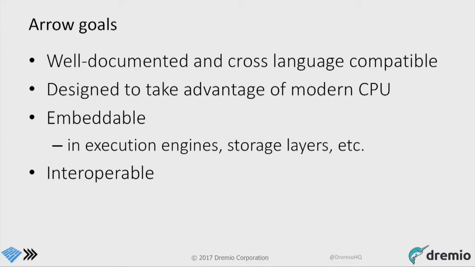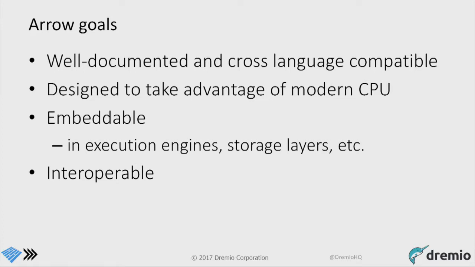But it's designed to take advantage of modern CPUs and get the maximum throughput out of it. And that's the kind of thing you get through vectorized execution and using a columnar representation. It's embeddable, so usually it's not visible to the end user. It's what the execution engine is using under the hood to go faster and be interoperable with speed.